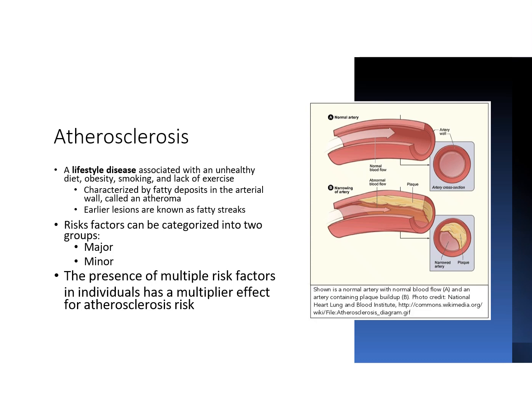The diagram on the right shows a normal artery with smooth blood flow progressing to plaque accumulation, narrowing of the arterial lumen, and disturbed blood flow. From a histology perspective, this correlates with lipid cores, foam cells, fibrous caps, and chronic inflammation of the vessel wall.